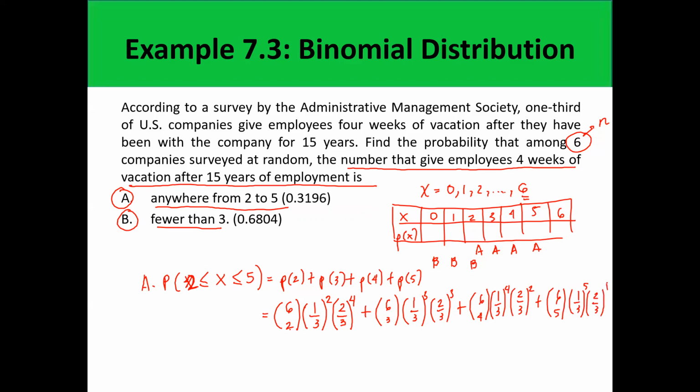Now, as an alternative solution, this can also be obtained by subtracting the probability that x equals 0 plus the probability that x equals 1 plus the probability that x equals 6 from 1. And using these two solutions, we shall get the answer 0.3196.